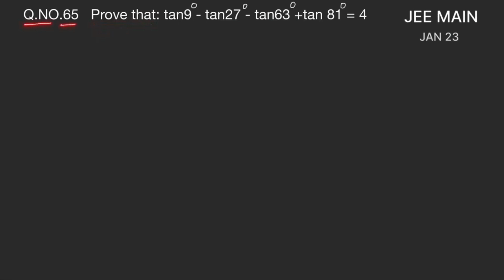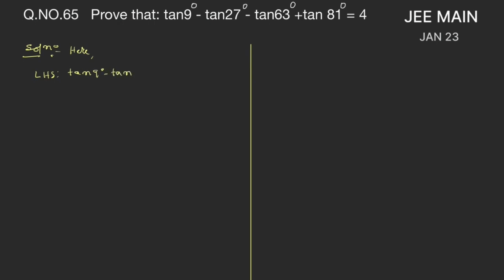Question number 65. Prove that our left hand side which is equal to 4. Let's see the solution of this question. So here left hand side which is equal to tan 9 degree minus tan 27 degree minus tan 63 degree plus tan 81 degree.